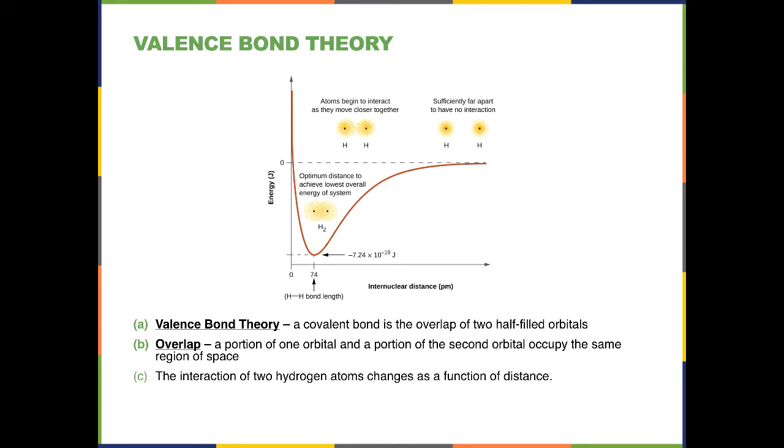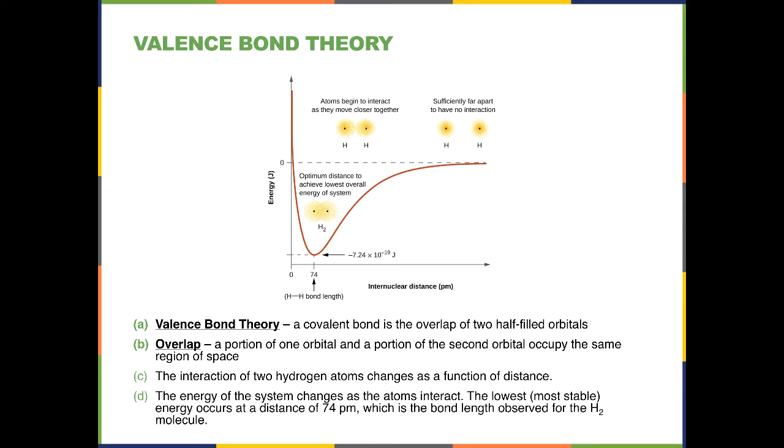And when they're at the optimum distance from each other, they reach the lowest energy level, which is the most stable energy level. And that occurs when the bond length, or the distance between them, is approximately 74 picometers. And so this process occurs in such a way that these orbitals interact, and they're always trying to achieve the lowest energy level because that represents the most stable energy level.